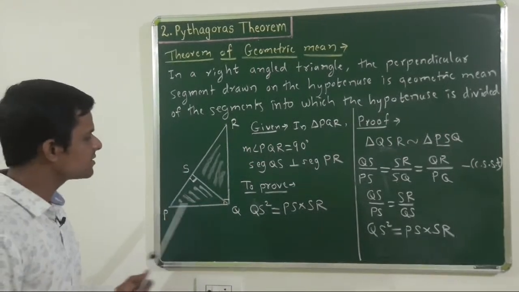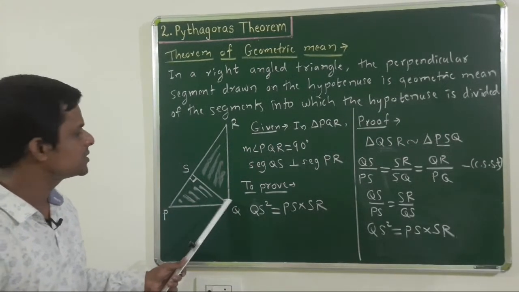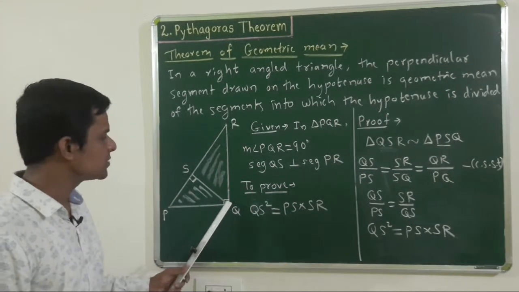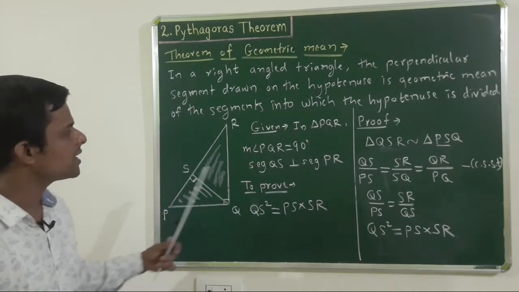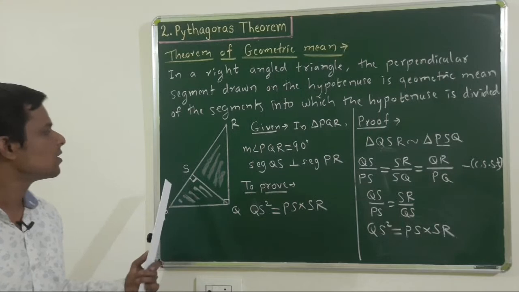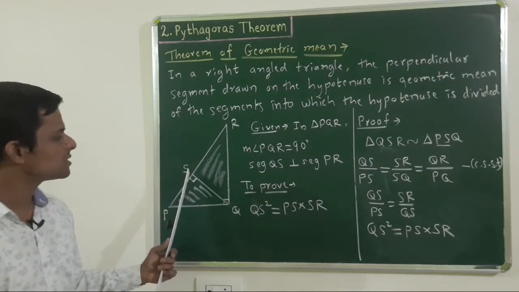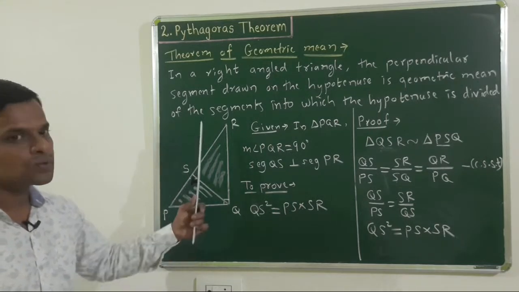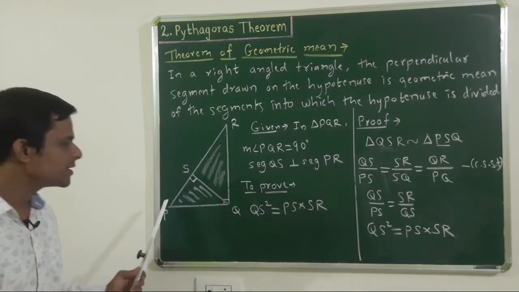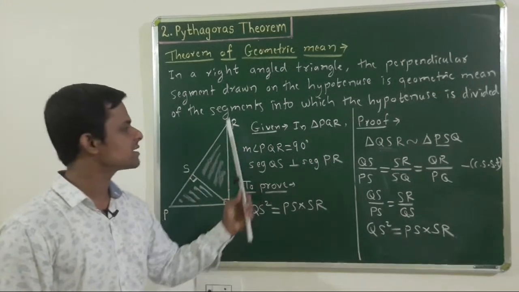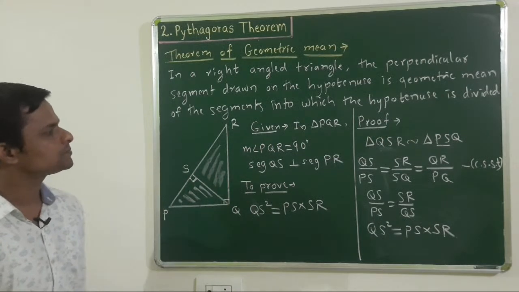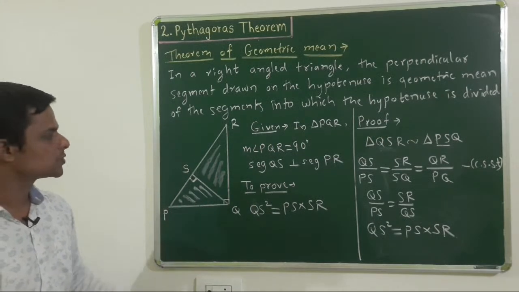Now there is one right angle triangle PQR which is right angled at point Q, and QS is perpendicular to PR, and we have to prove QS is the geometric mean of PS and SR, means we have to prove QS square is equal to PS into SR. And to prove this we will use the previously proved theorem.